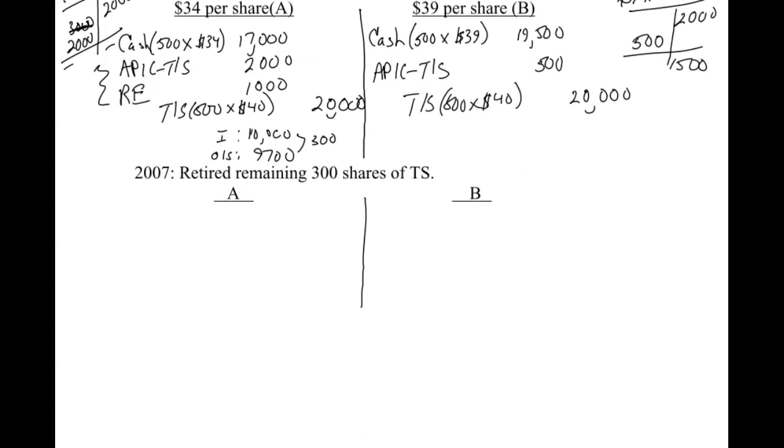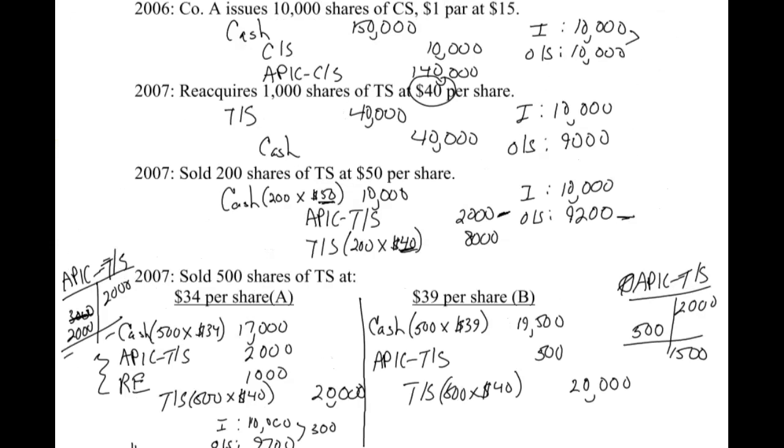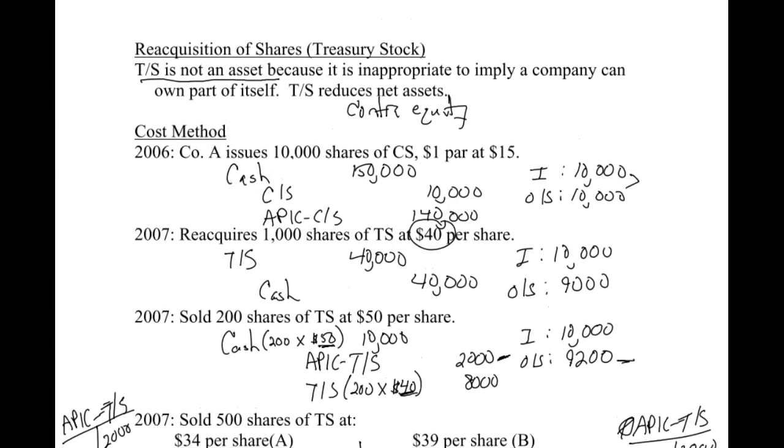All right, now retiring shares. The way I think about it is that I am unissuing it. So unissue. I don't even know if unissue is a word, but that's the way I think of it. The reason is, let's go back up to the top here. This journal entry was us issuing the common stock. Notice when we issued the common stock, we had these two credits.